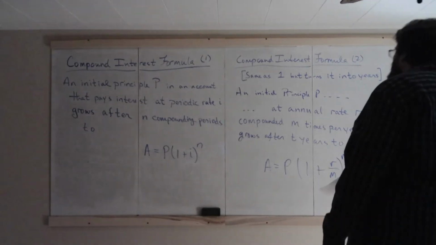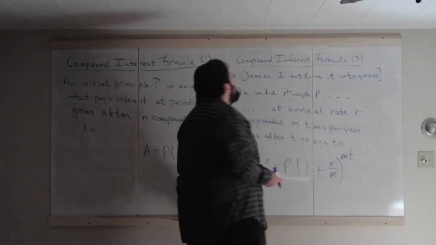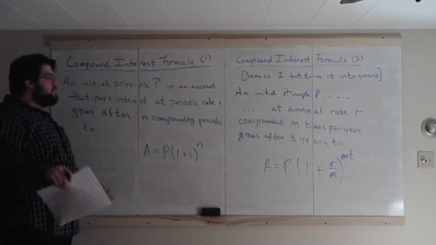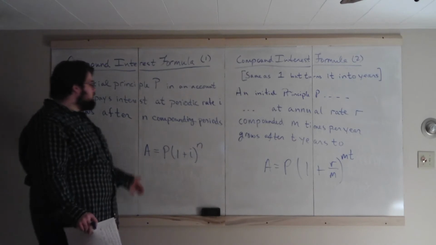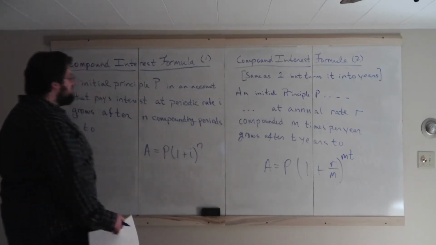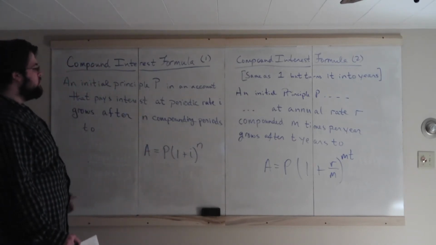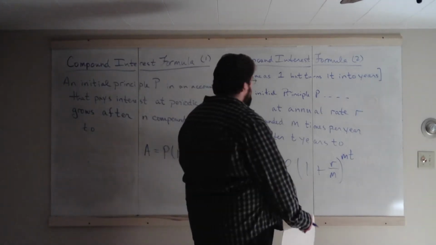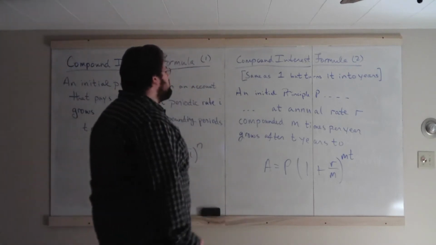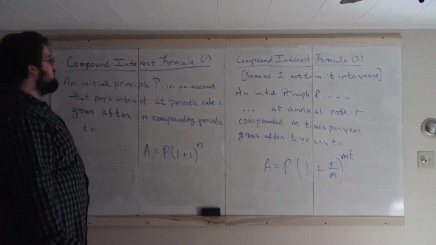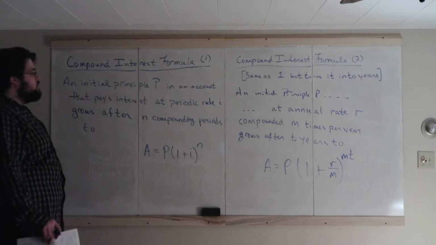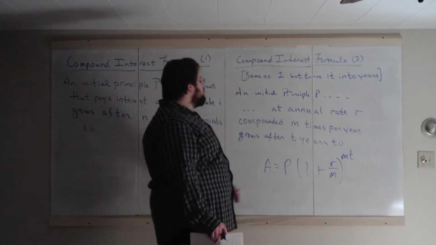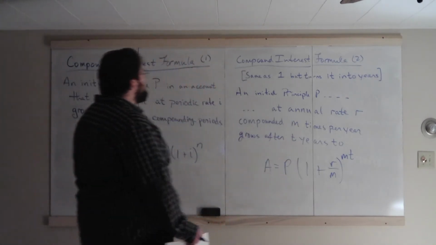Now, the rates we're going to deal with are going to be annual rates, and you could use them to figure out i and n. It's sometimes more convenient to actually introduce a couple additional variables in finding compound interest. So compound interest formula 2 is the same as 1, but it assumes an annual rate instead. And with an annual rate, we're also going to want to know the number of times it's compounded per year.